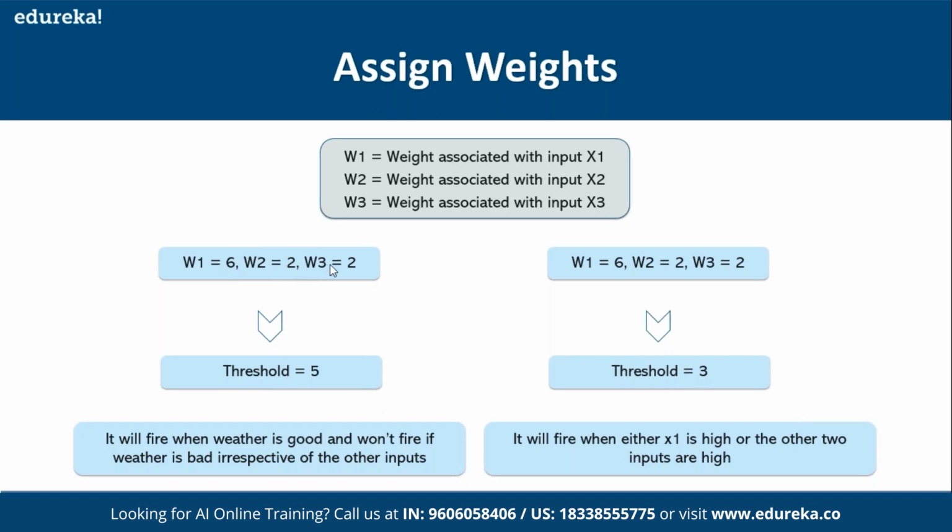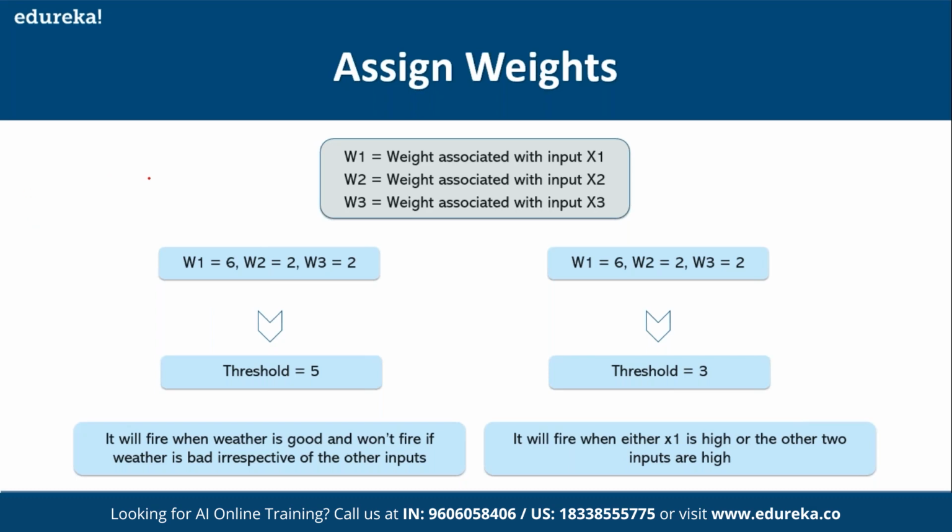W3, the weight for the third input, is for public transport available. So we have W1 equal to 6, W2 equal to 2, W3 equal to 2. Now the threshold value is 5.